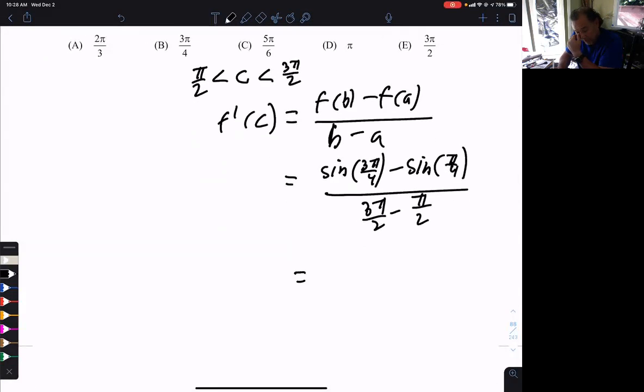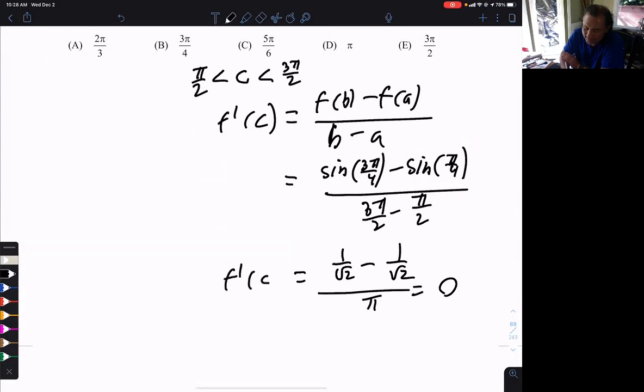Well, the sine of 3 pi over 4, that's 1 over radical 2. And the sine of pi over 4, that's 1 over radical 2. That's 0. So the slope between those 2 points is 0.